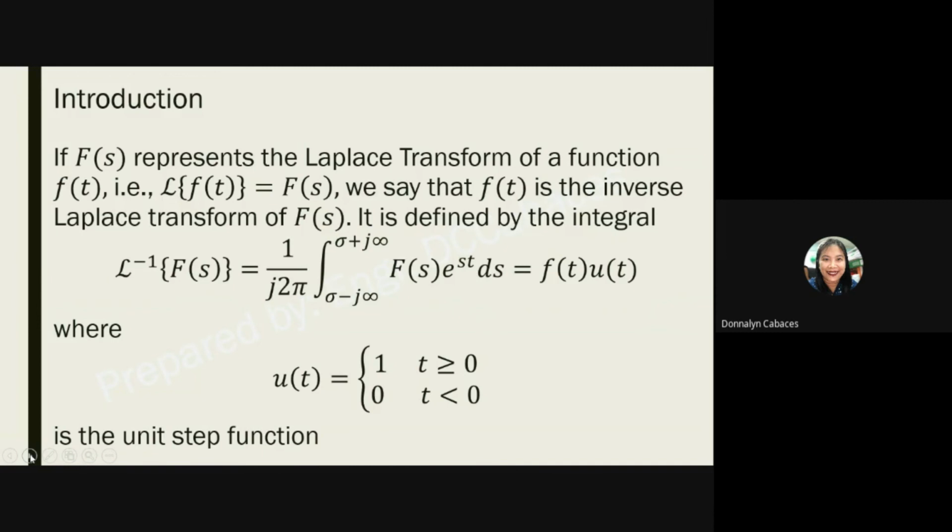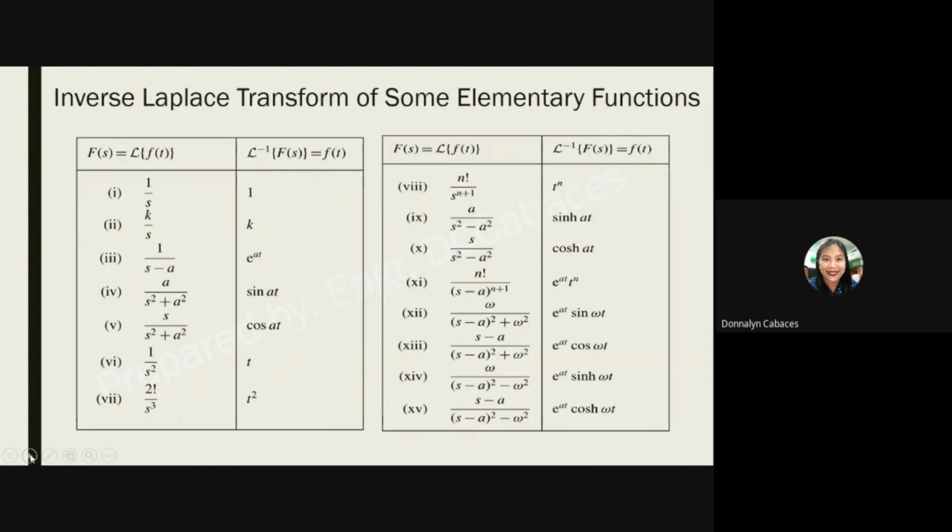So in finding F(s), you are given f(t). But this time, you are to find f(t) given your F(s). So we are now to evaluate the inverse Laplace transform of F(s) for us to find the function f(t). This table presents to us the inverse Laplace transform of some elementary functions. So we will be using this table as our reference in solving the inverse Laplace transform of F(s).